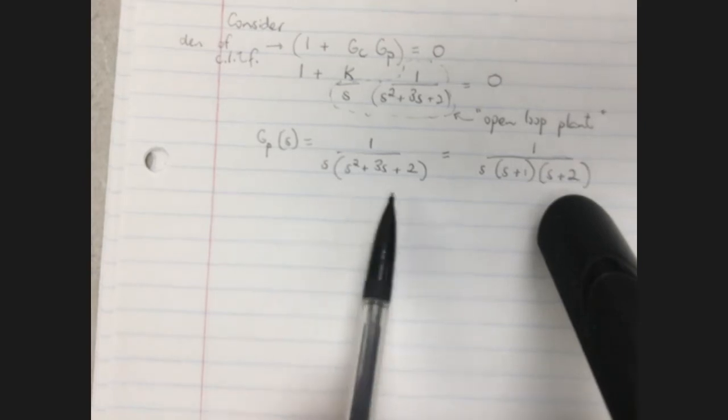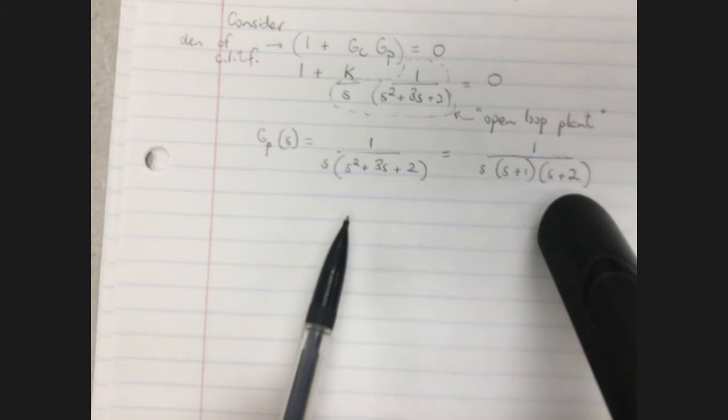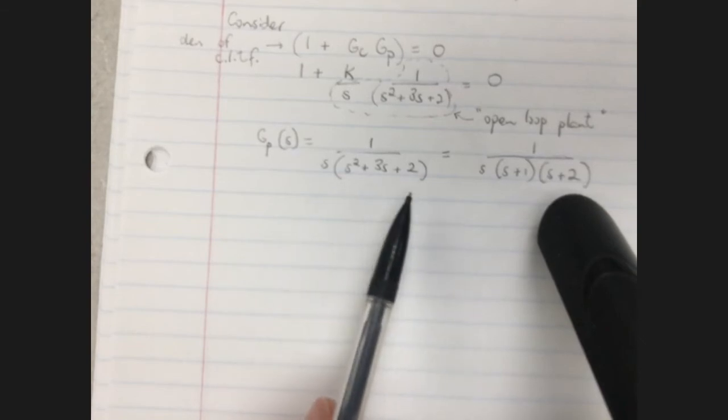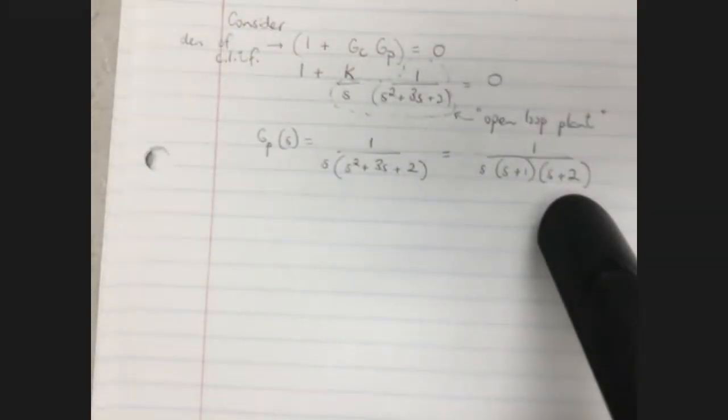Do you guys see why we have this as a quadratic term can't really proceed? We need to mark the poles and zeros of that open loop plant. And so we ended up with this thing right here, 1 over S, S plus 1, S plus 2.